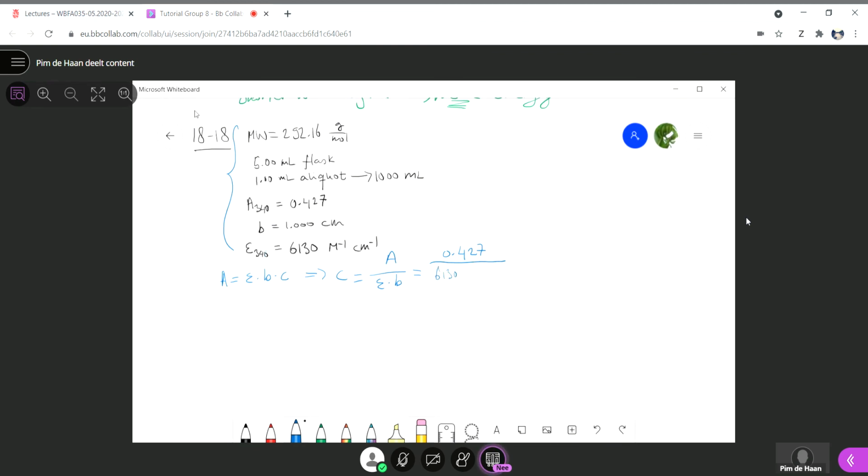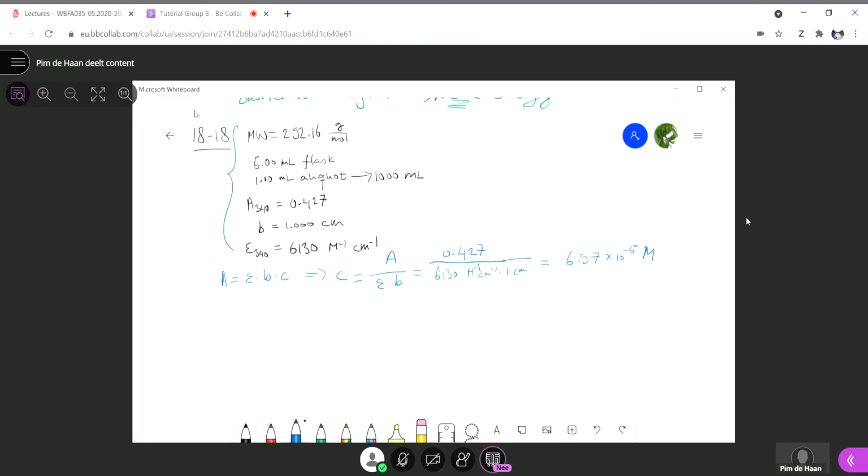Divided by 6130 per molar per centimeter times 1 centimeter. And then we get 6.97 times 10 to the minus 5 molar.